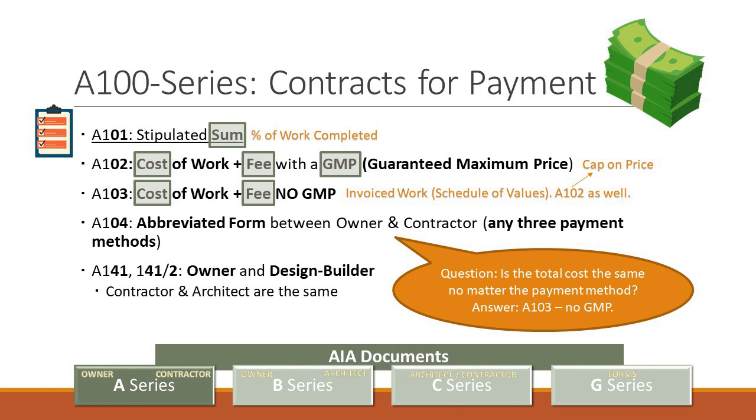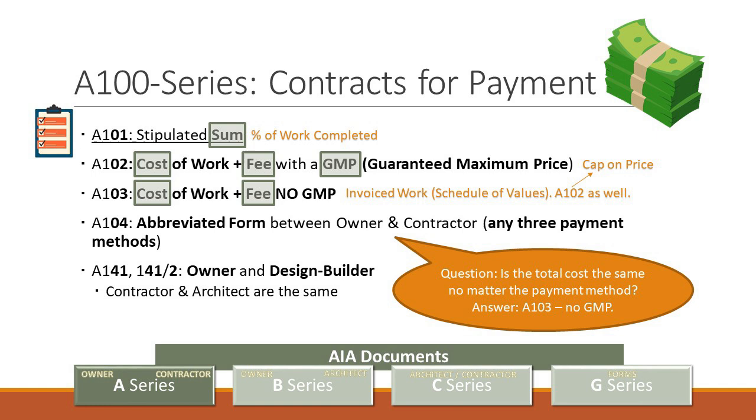The A141 and the other one I talked about, the A133, which is not on the screen, are two forms where the payment structure could use any one of the three, but the model differs. The A141 is design build, and we'll talk about design build a little more later today. That's where the contractor and the architect are the same company, so it's all done at one time.